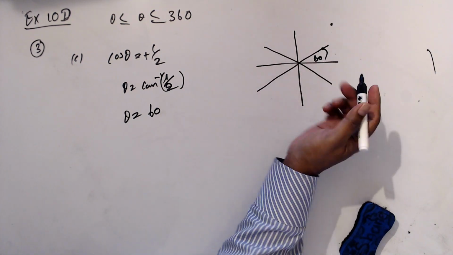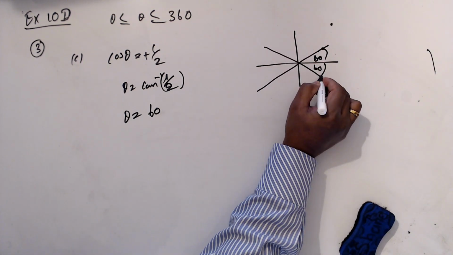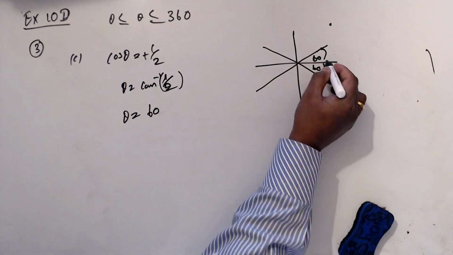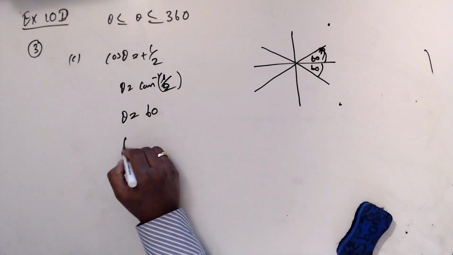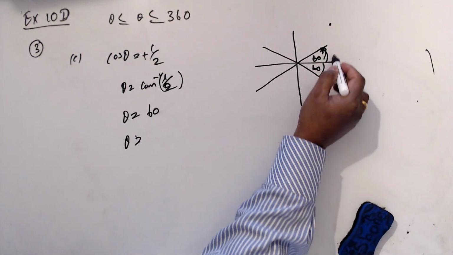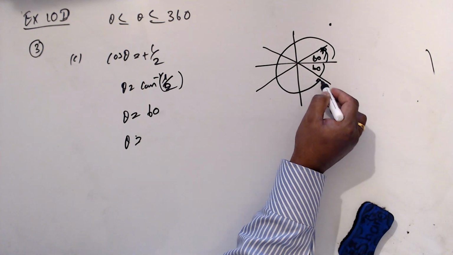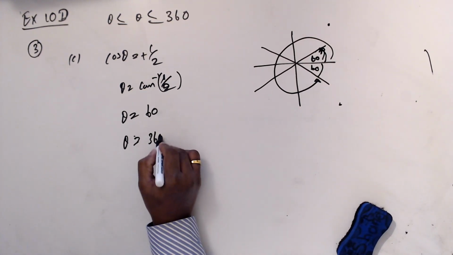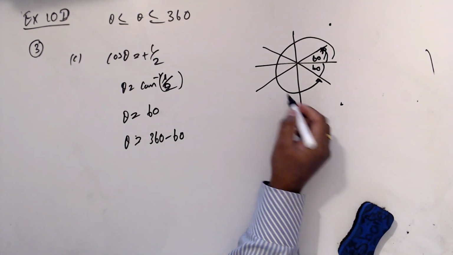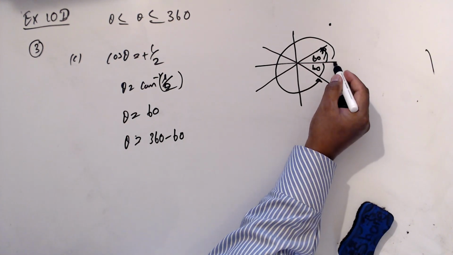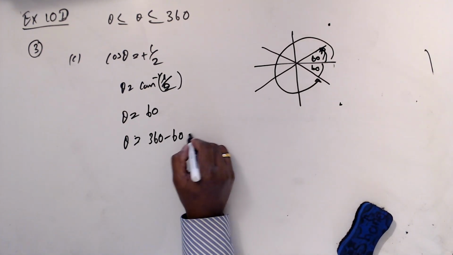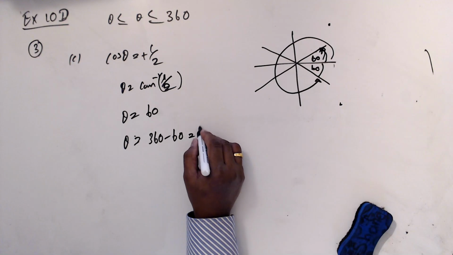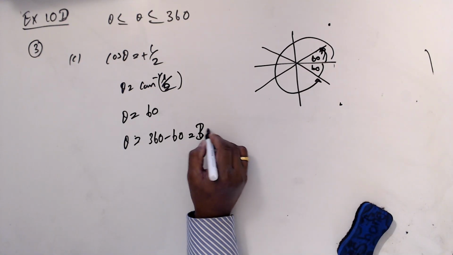I'm not writing here because I'm not going to use it. The first one is 60 and the second one is this one. It means 360 minus 60, up to here 360 and come back, which is 300. So 60, 300.